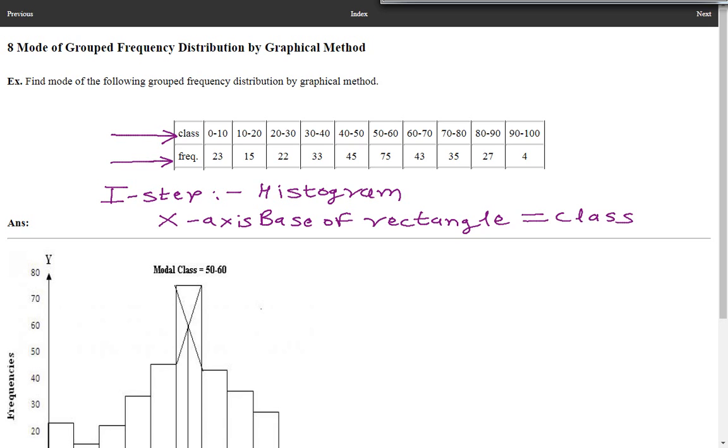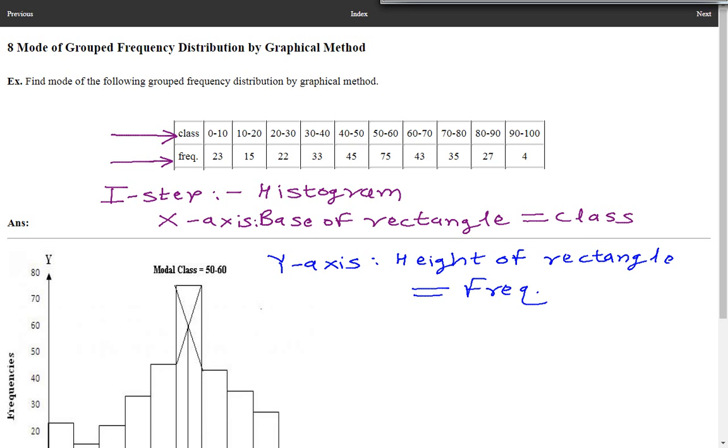On the y-axis, we take the heights of the rectangles, which are the frequency of the class.